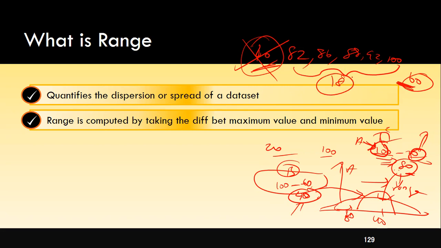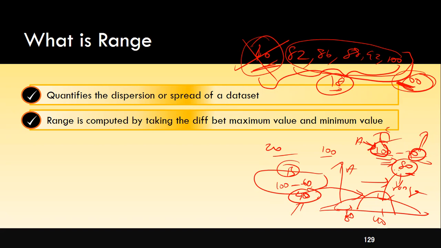So the 60 tells us the spread is too wide, even though it is not. The majority of values are close by. Just because one value is very low, it tells us the spread is 60. If you exclude this one and compute the range, 100 minus 82, that is 18.